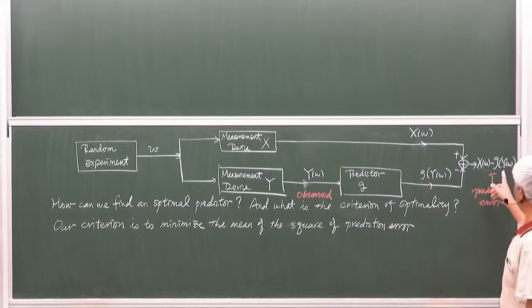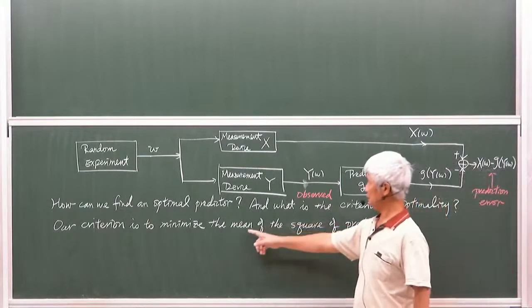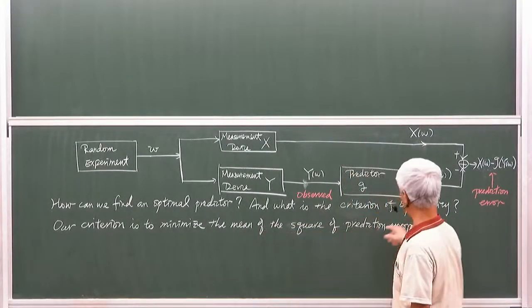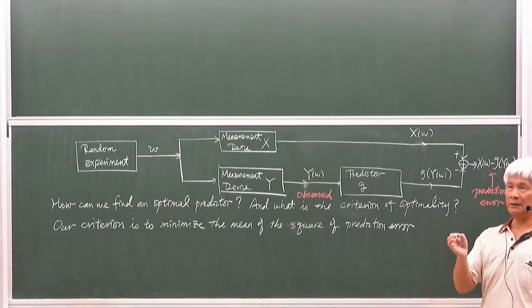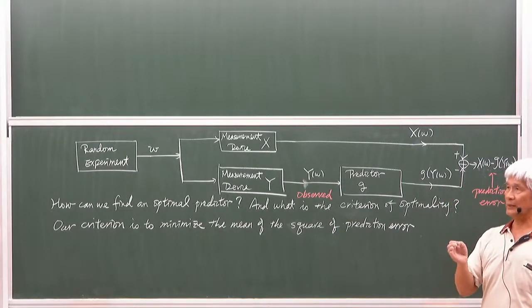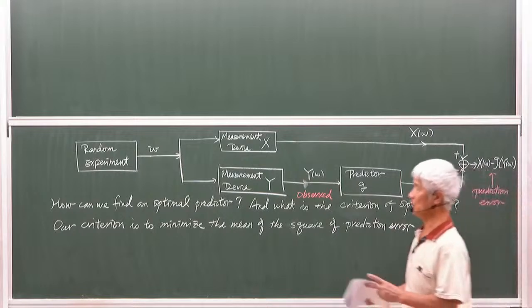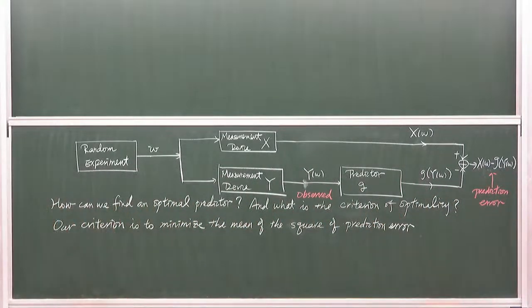We know that if the second moment of the prediction error is 0, then by proposition 7.4, point C, the prediction error equals 0 with probability 1.